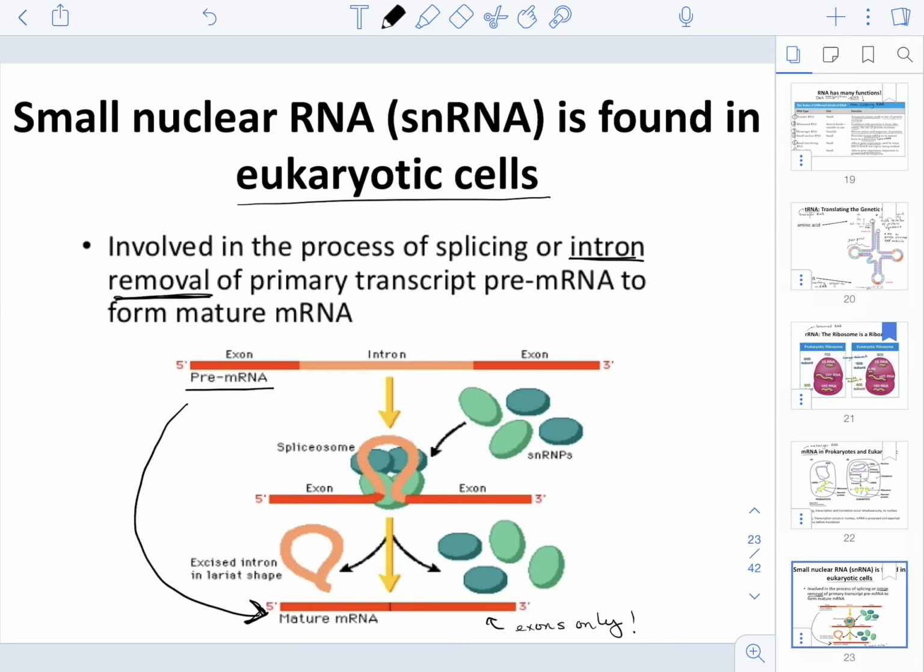And when the removal of these introns, or non-coding regions, occurs, we are going to have a mature RNA that has only exons.